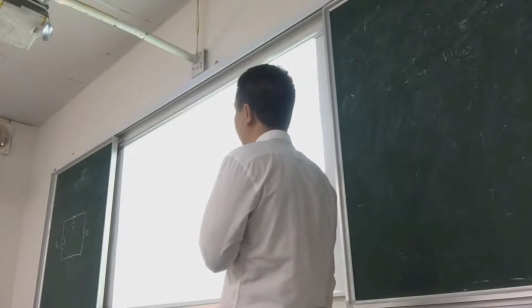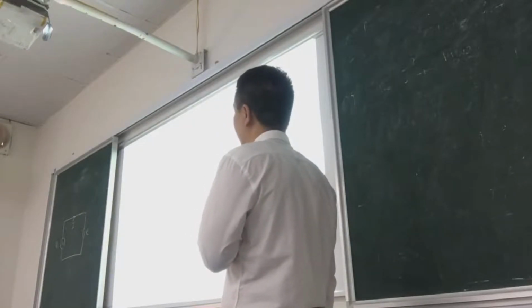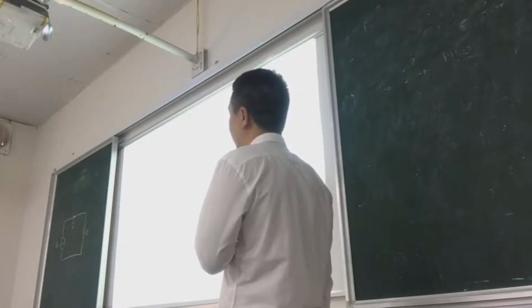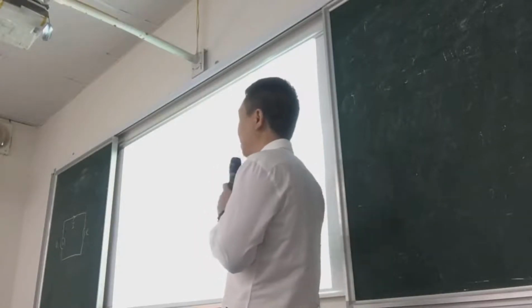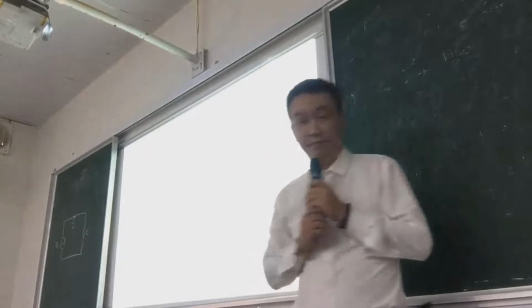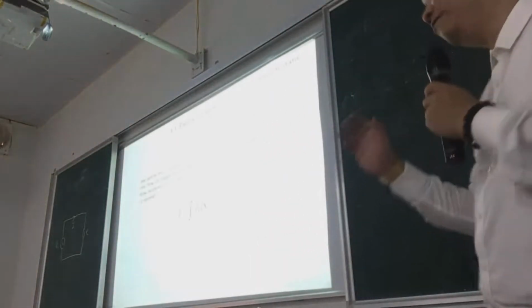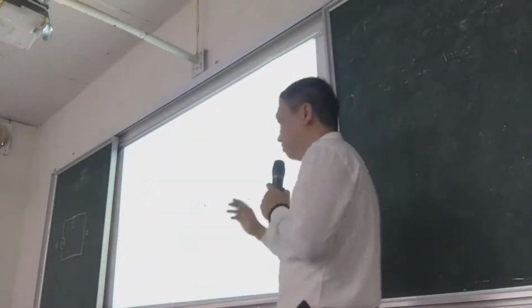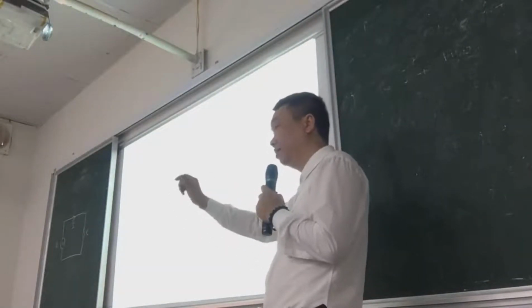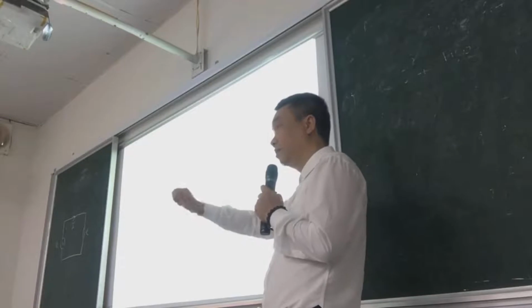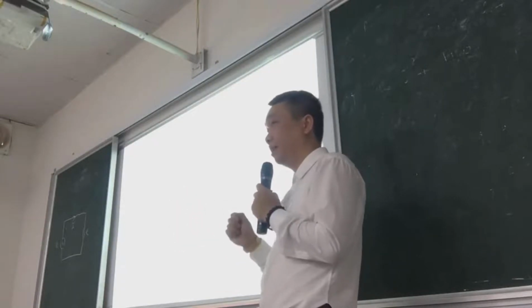Which has the direction of flow of charge, and its magnitude is the quantity of charge which flows perpendicular to the unit surface area in unit of time. So that's the definition. By definition, you have the current I, which is the derivative of charge per unit of time.